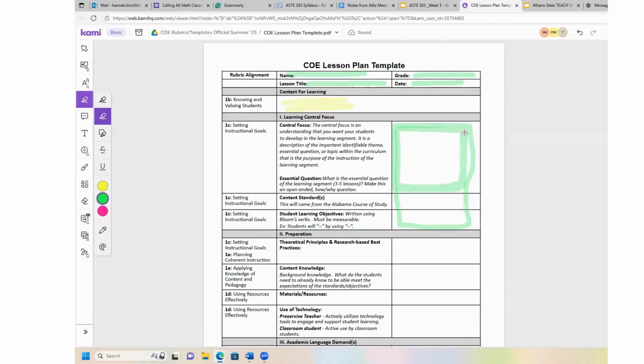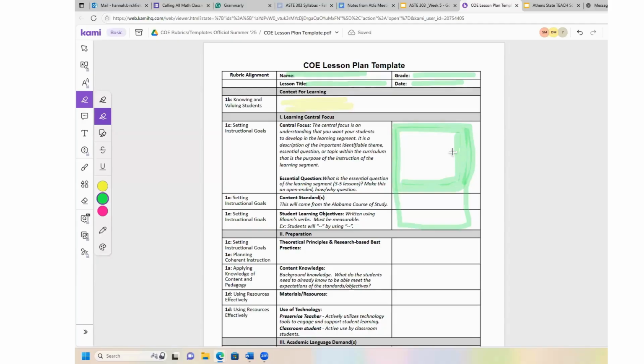But let's think, if I were to teach a lesson on two-step equations, I feel like I use that example a lot, but if I did, I may say, how can we use two-step equations to solve real-world situations? That's more of a word problem application, but that would be my essential question.